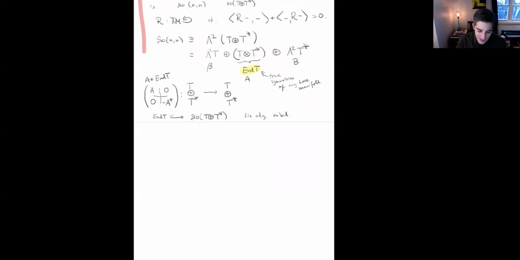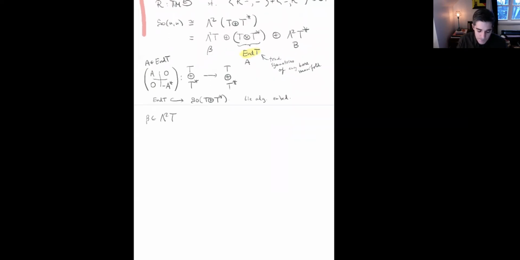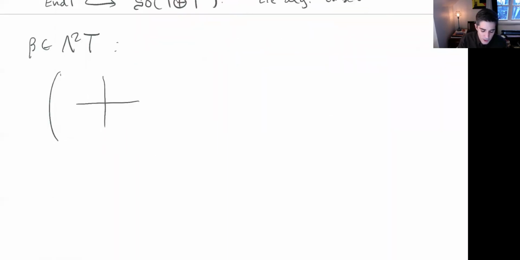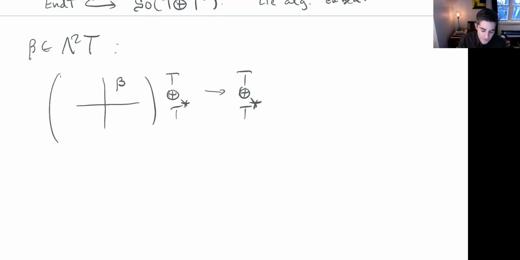So the next one is beta, which is in wedge 2t. And look what you can do with that. You can define a map like this. Oops, sorry. We can do a block matrix. And there will be a component of this which takes T star and maps it to T. And so we can put the beta here.